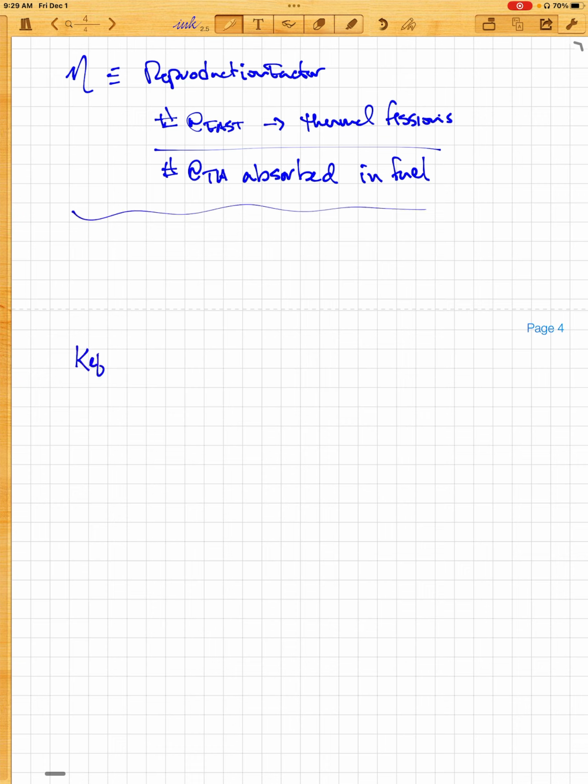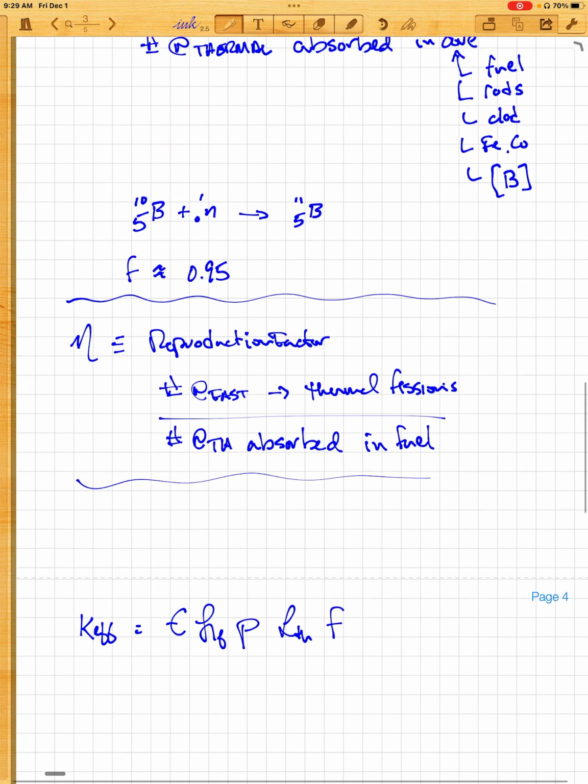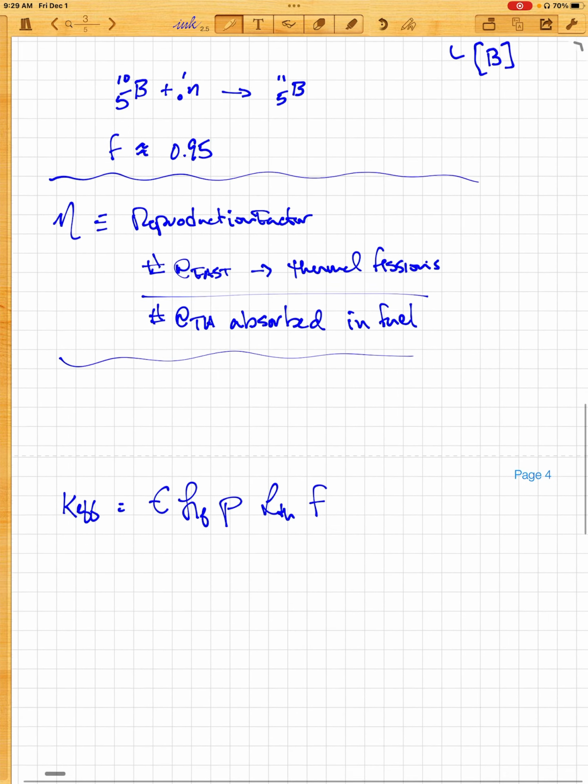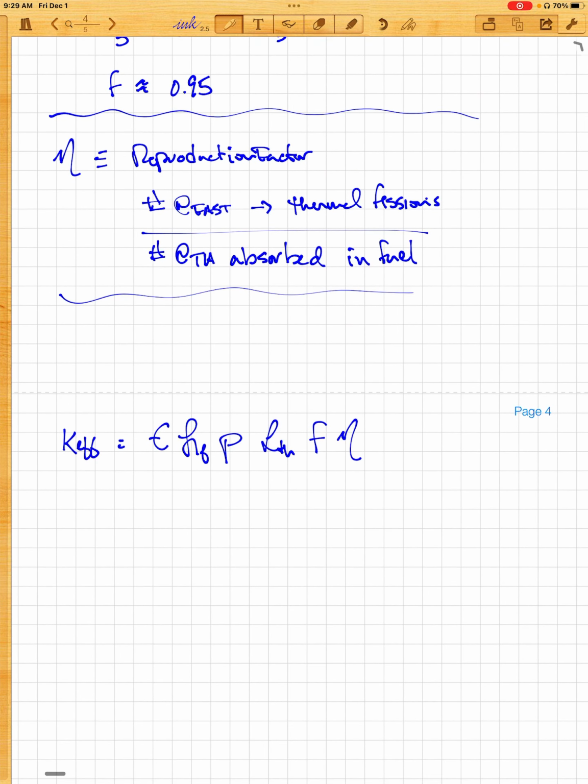Now remember what we say: K effective equals the fast fission factor, every little French, the fast non-leakage probability, person, the resonance escape probability, loves the, that's the thermal non-leakage probability, French, that was the thermal utilization factor, and then Navy, the reproduction factor.